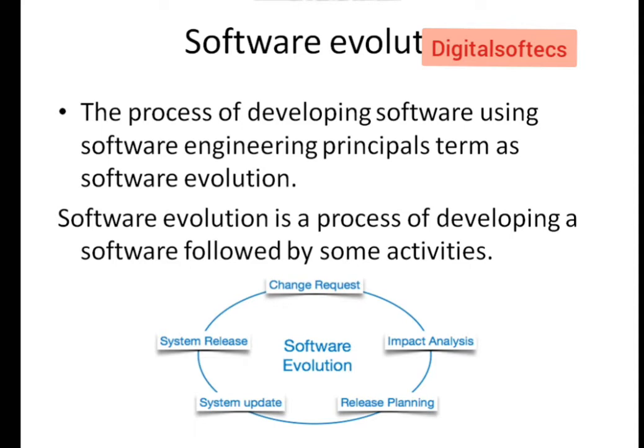So this is the simple way in which we change the system according to the user, according to the environment, and other aspects of software. Software evolution is a process in which we use principles to change a system, to develop a system, or to update the current system.